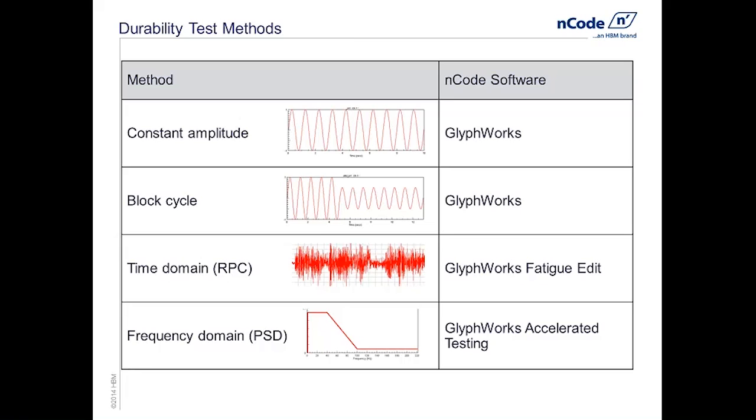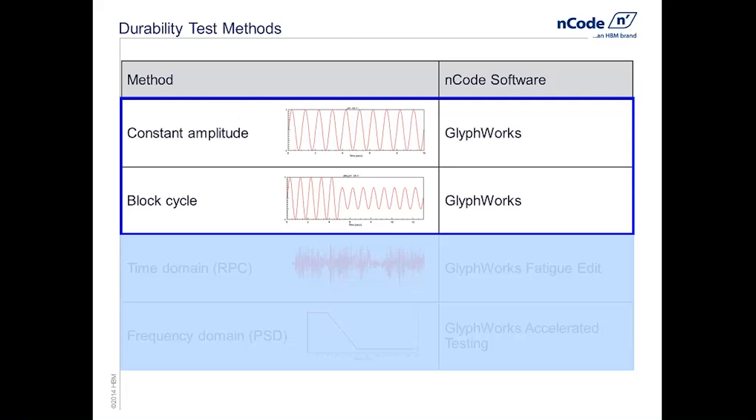If we want to run our part on an electrodynamic shaker, we can work in the frequency domain with a feature in GlyphWorks called accelerated testing. These are both viable options in the right situation. However, today we're going to be focusing on creating a simple constant amplitude test and a logical extension of that called the block cycle test, both of which we can do inside GlyphWorks as well.